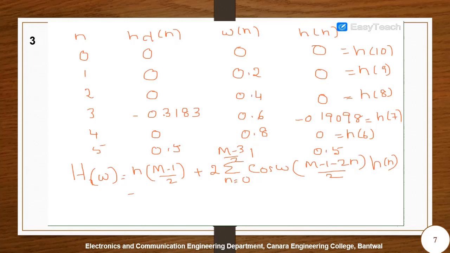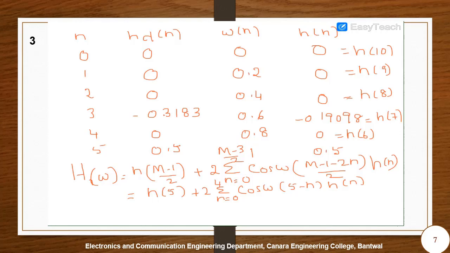In this case, it is h of 5 plus 2 times summation n varying from 0 to (11 minus 3) by 2, that is 4, cos of omega (10 minus 2n) by 2. So you get this as (5 minus n) h of n.